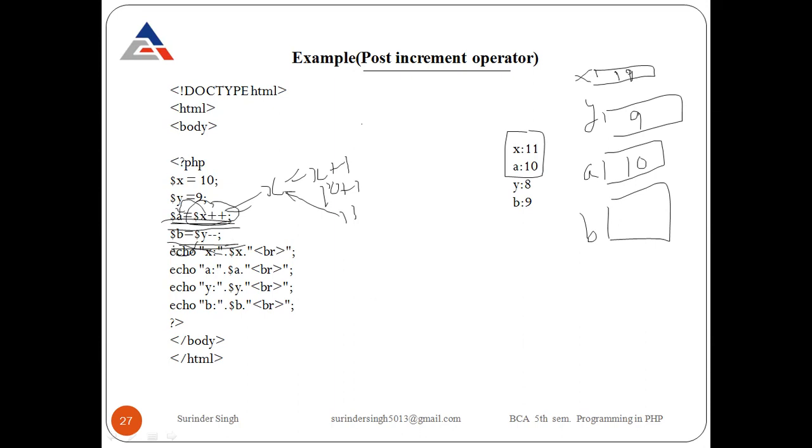And what is the operation? The value of the variable will be assigned to b. Now b has value 9. And after this, the value of y will be decremented. y = y - 1. y has value 9 minus 1, now it has value 8. Clear? Now y has value 8.